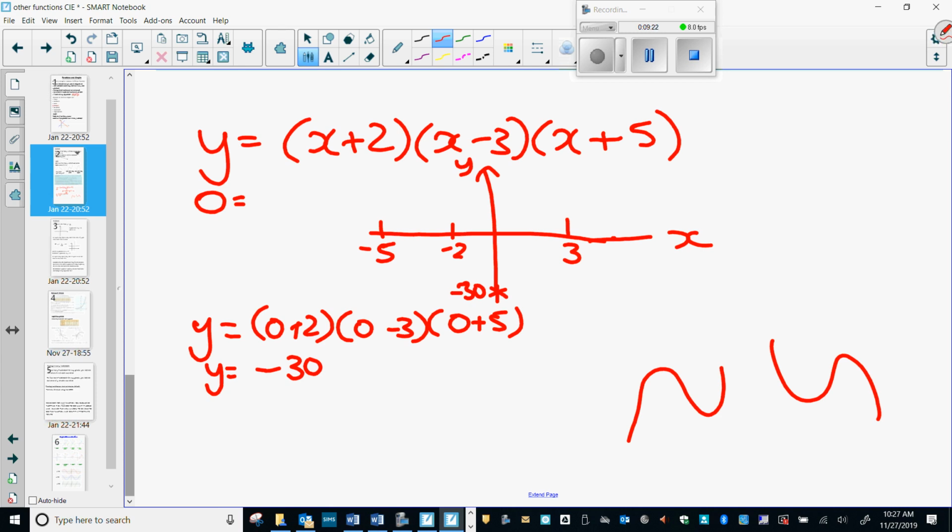So if I were to expand this, without having to expand everything, the first term would be my x multiplied by x multiplied by x. Is that going to be positive or negative? Positive. It's not a trick question. X multiplied by x multiplied by x is going to be a positive value. Therefore, this particular graph would be going up first, then down, then up.